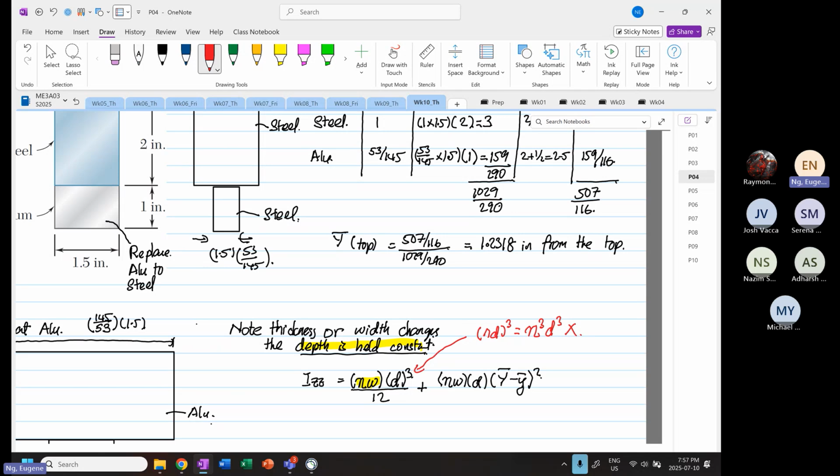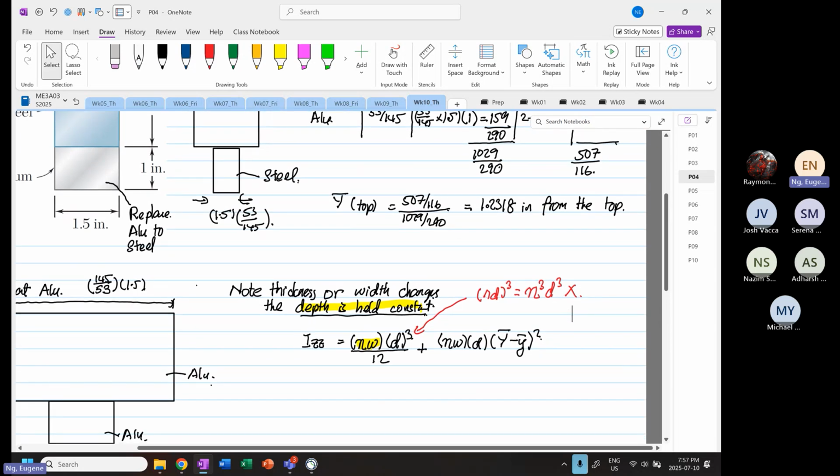Now, this way of doing composite analysis is an approximation. It's easier for us to do hand calculation. In reality, it's not so straightforward. But based on this course, the syllabus states that this method of calculating the second moment of area is usable.